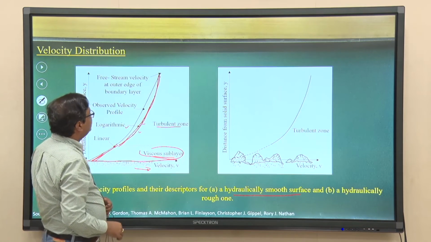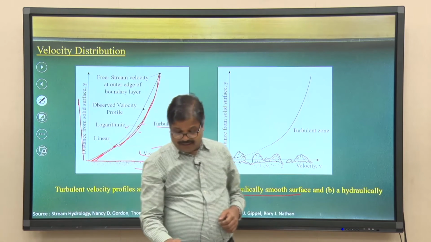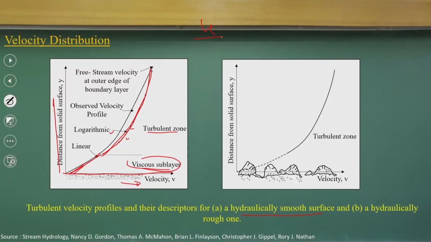If I write the velocity distribution, it follows like this: u by V star, where V star is the shear velocity, is equal to 5.75 log of y V star by the kinematic viscosity, plus 5.5.